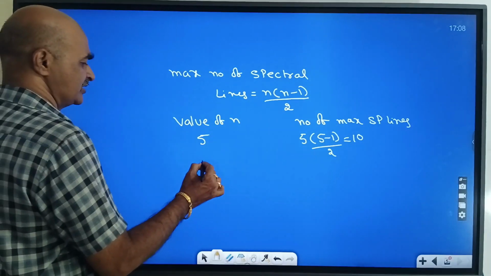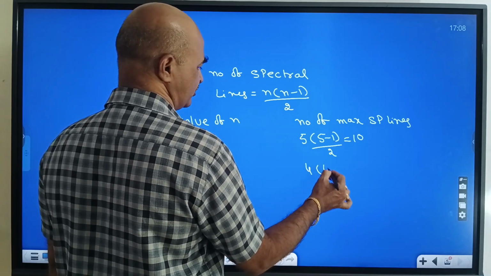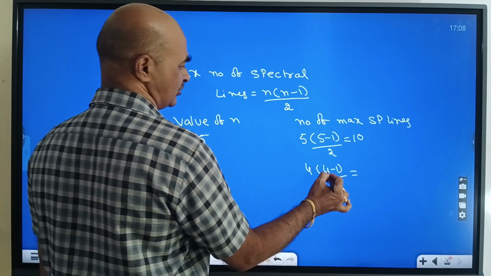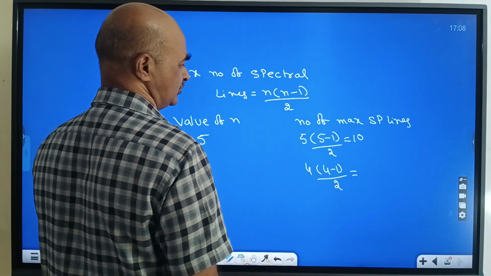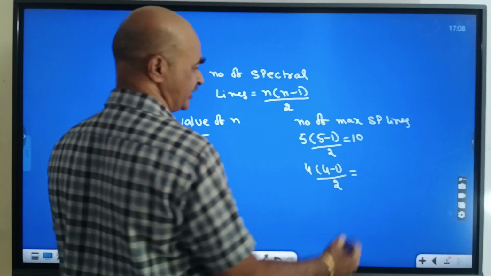Next, when n is equal to 4, the number of spectral lines is 4 into 4 minus 1 by 2. That is 3 into 4, 12, 12 by 2, 6.